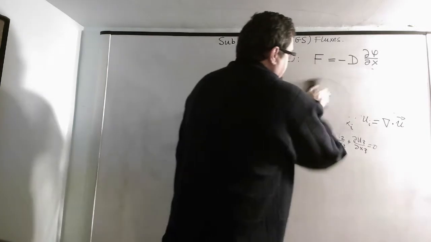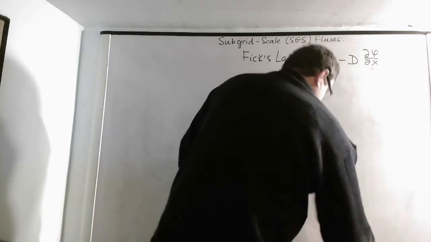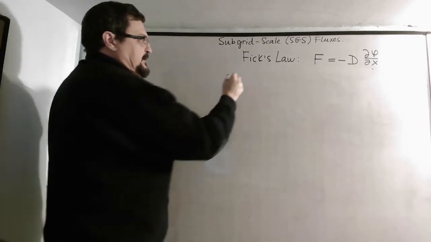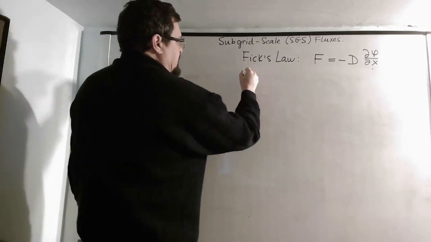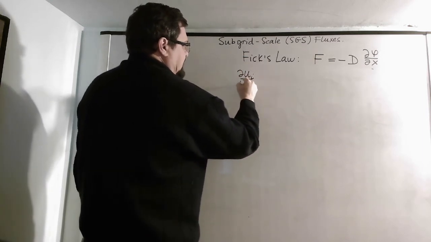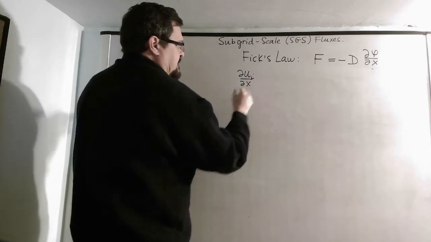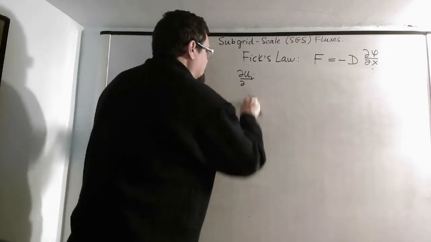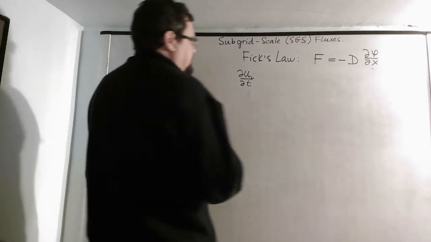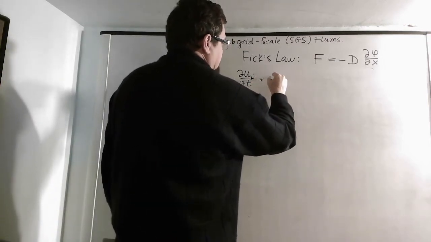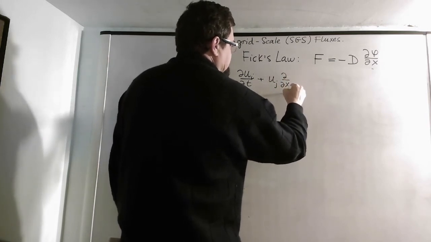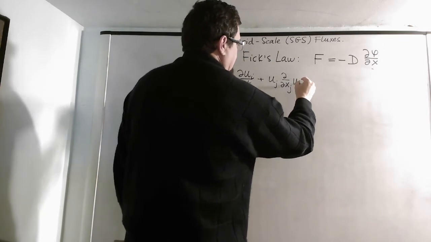Okay, so for momentum we have the momentum equation, which says dui/dt, sorry, the i-th component of momentum, plus uj d/dxj ui.